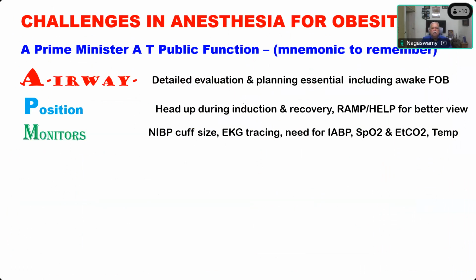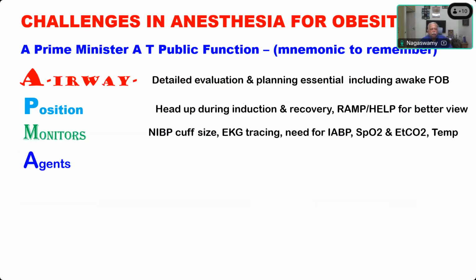And if it's very difficult to tie the BP cuff, you may have to resort to an invasive arterial line, especially when the surgery is a major one and you cannot depend on the non-invasive method.